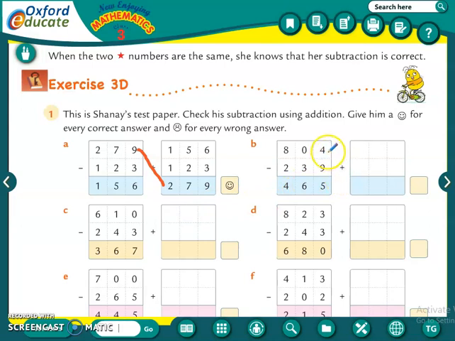Here first of all we will subtract, this 4 minus 9, that we can't do. So 4 minus 9 we can't do. So we will cut here and we will write 3 here. And what will we write here? Do you know?